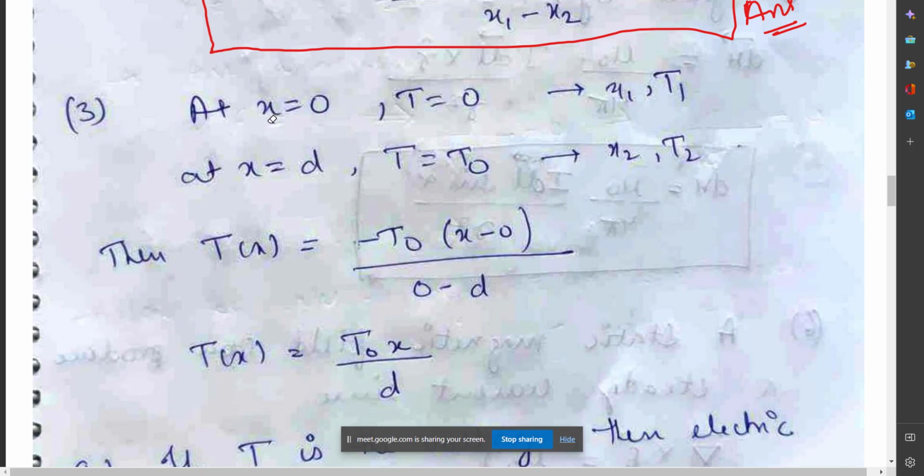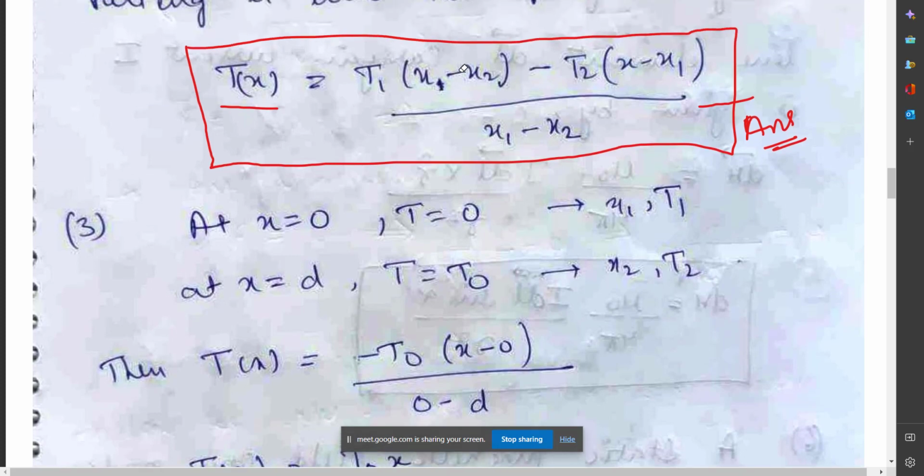So in this equation, for x1 we can put x is equal to 0, and instead of T1 we can put T is equal to 0. Similarly, at x is equal to d, capital T is equal to T naught. So instead of x2 in the equation we can put x is equal to d, and instead of T2 we can put T equal to T naught.